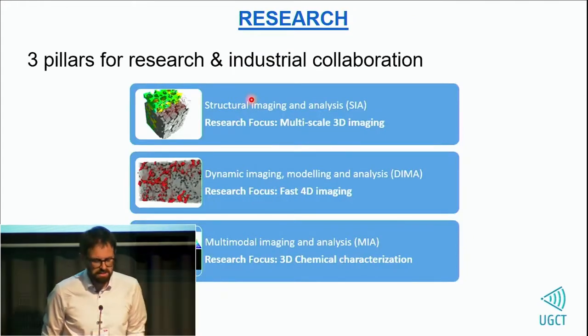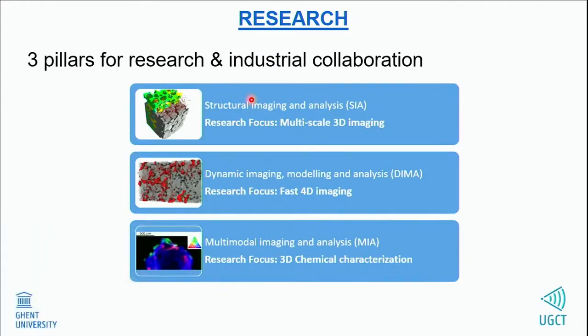Now, for the research itself, roughly speaking, of course, reality is always more complex than that, we have roughly three pillars for our research and our industrial collaborations. The first pillar is the structural imaging and analysis.